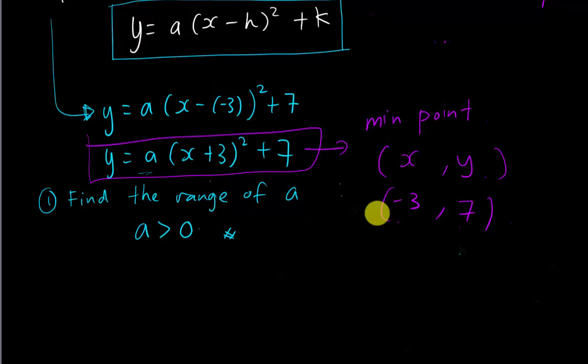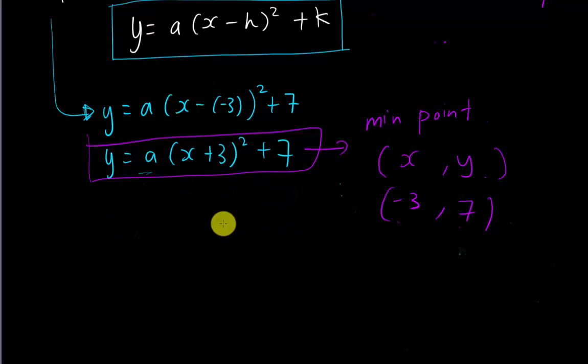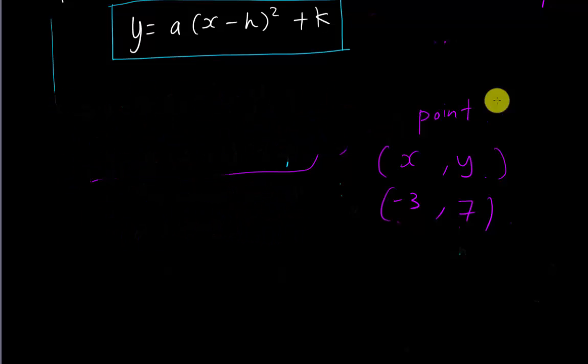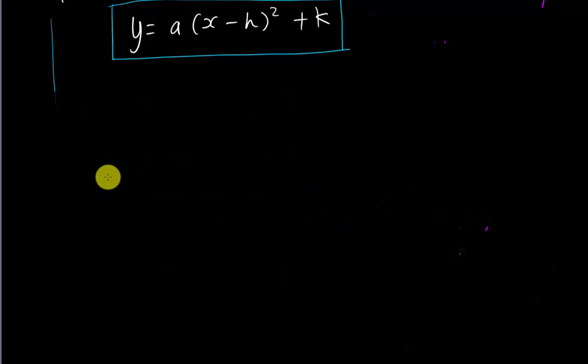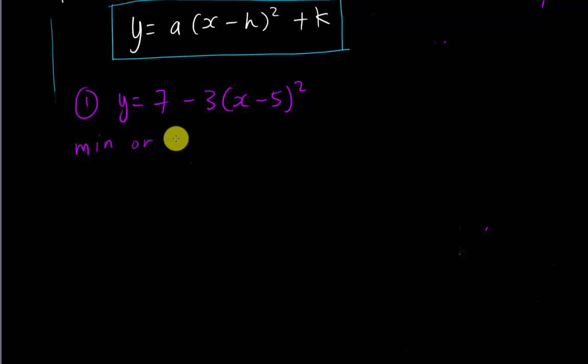Let me make this equation a little more interesting, because I want to make sure you understand the equation before I teach you how to complete the square. Let's say I have y equals 7 minus 3(x minus 5) squared. First, from this equation, will you get a minimum or maximum value?